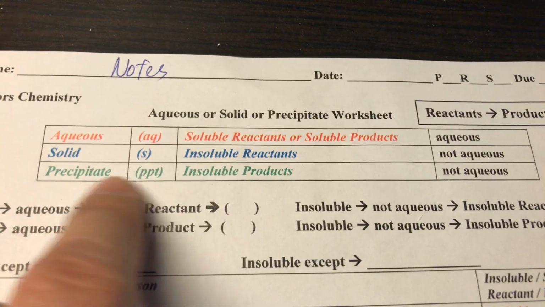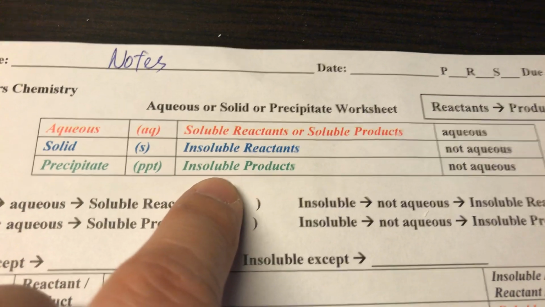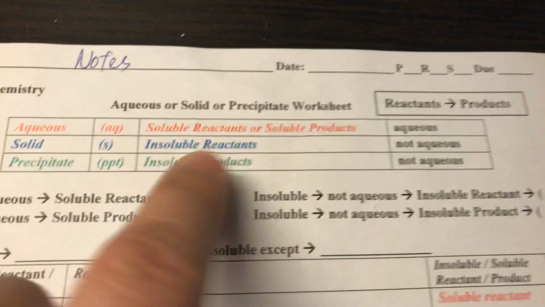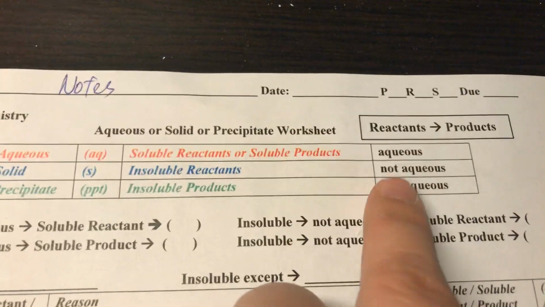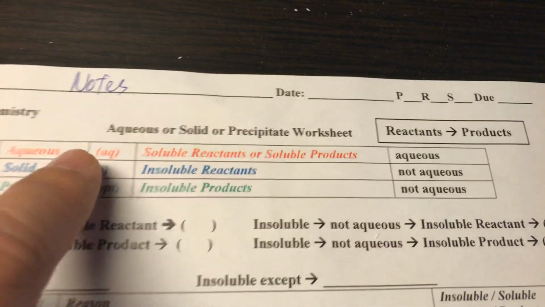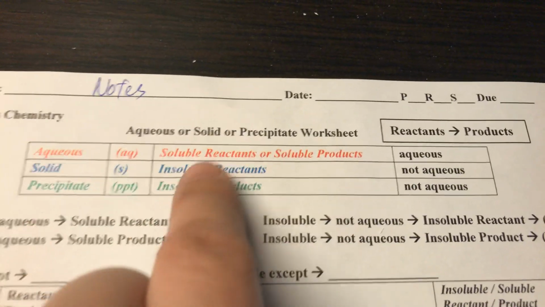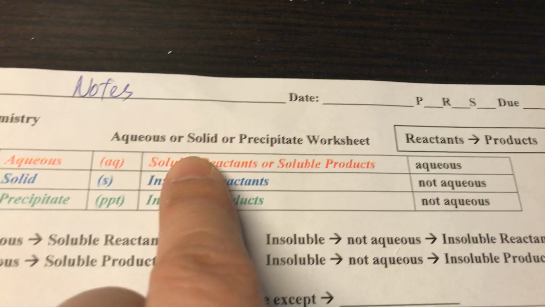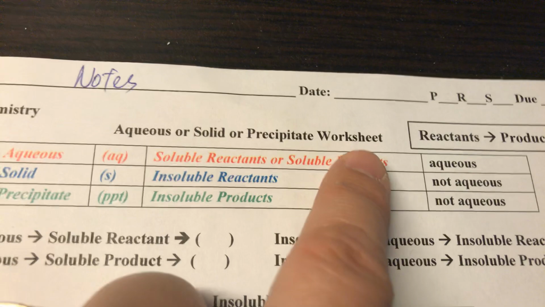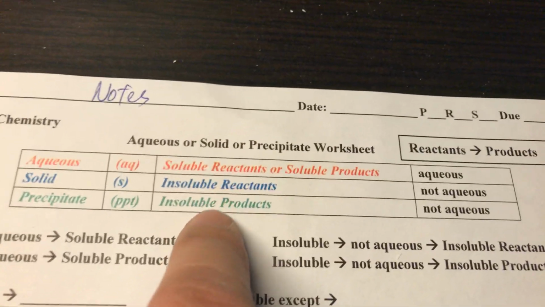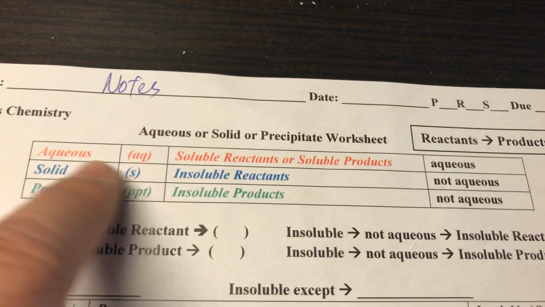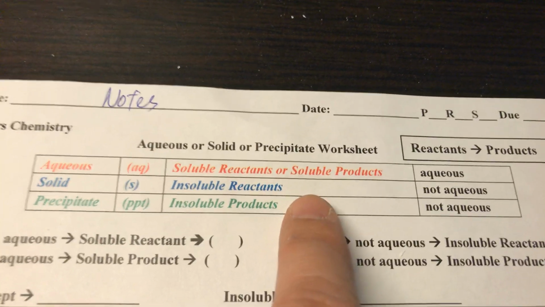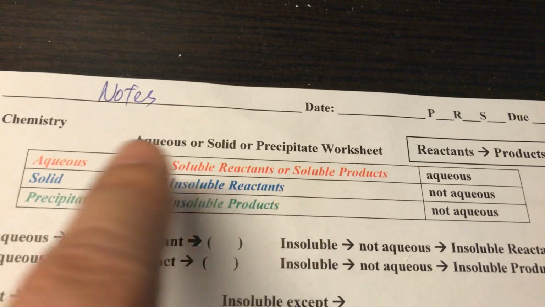If I have a precipitate, PPT, it means they are insoluble but they are a product, so we call it PPT, and it is not aqueous. Aqueous means either a soluble reactant or a soluble product. As long as it is soluble, it doesn't matter whether it's a reactant or product. But if it's insoluble, you have to look at whether it is a product or a reactant. If it is an insoluble reactant, it will be solid.